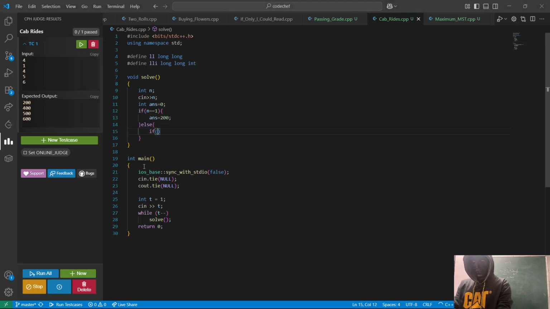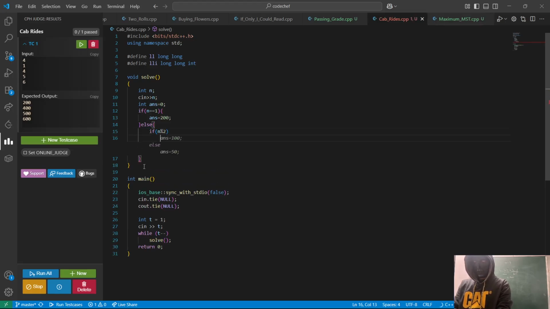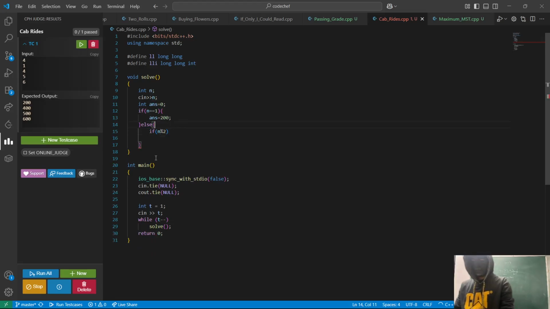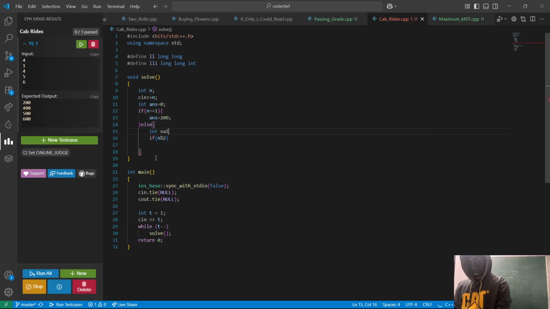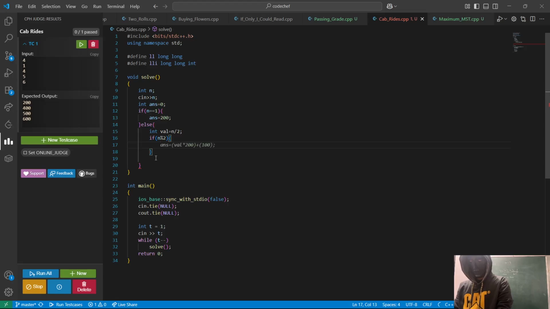So now we need to check if n modulo 2, which means it is an odd number. As I said, in the case of an odd number, you need to make pairs, and the last person you have, you need to combine with the previous one. What do I mean by that, let me take an int value to be n by 2.